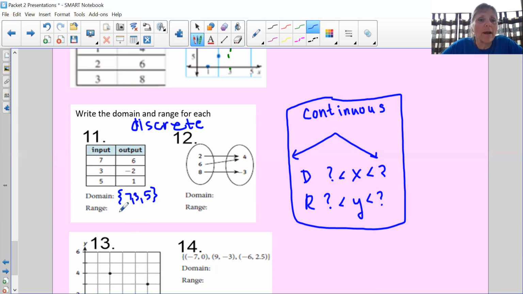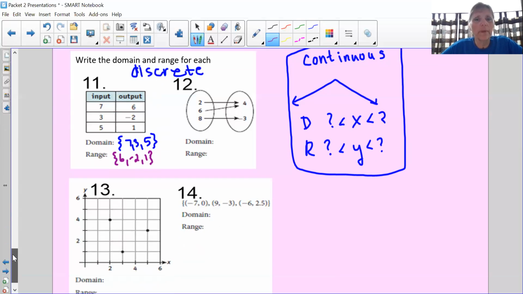Okay, not too good at that. The range, I'll make a different color. And the range, of course, is the y values, 6, -2, and 1. Okay, don't want to make it look like a 3 there. Okay, so let's go on.